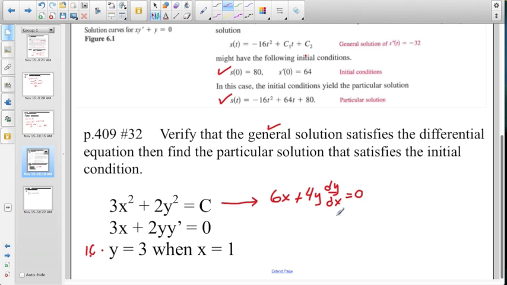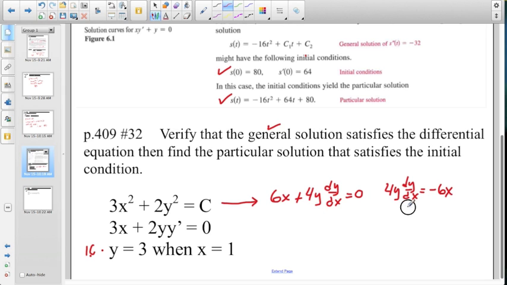And then if we solve for the differential expression dy/dx, taking the 6x over to the other side, we have 4y dy/dx equals negative 6x.